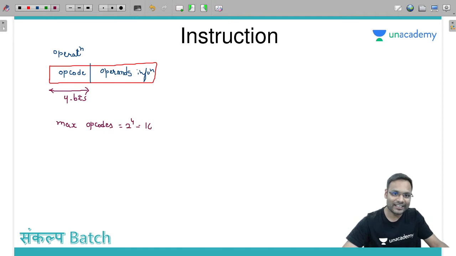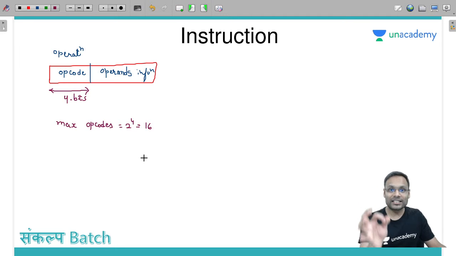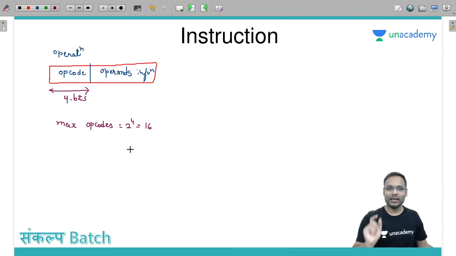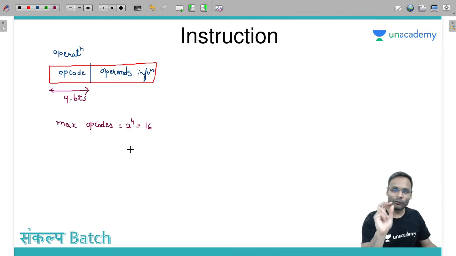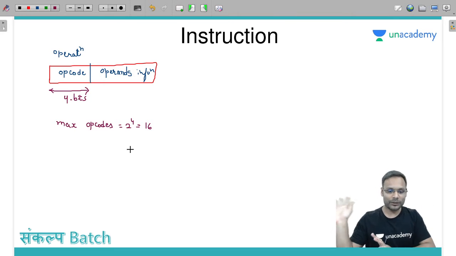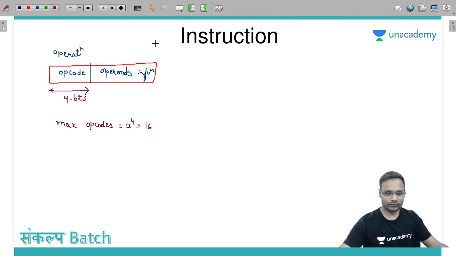The answer is 16, which means a maximum of 16 various operations your CPU can perform. 0000 opcode will denote one operation, 0001 another operation, 0010 another operation, and such kind of 16 various operations, right?